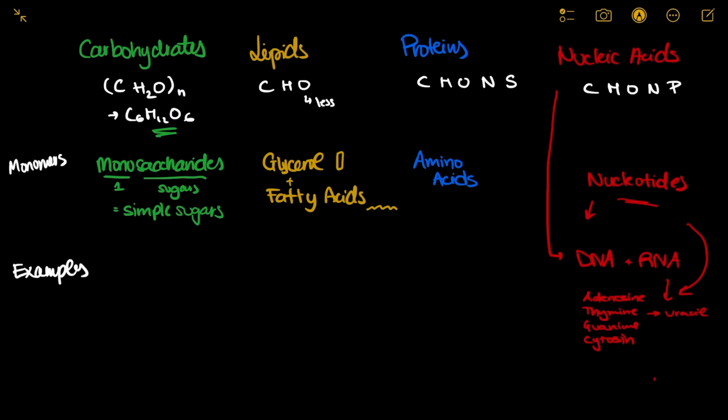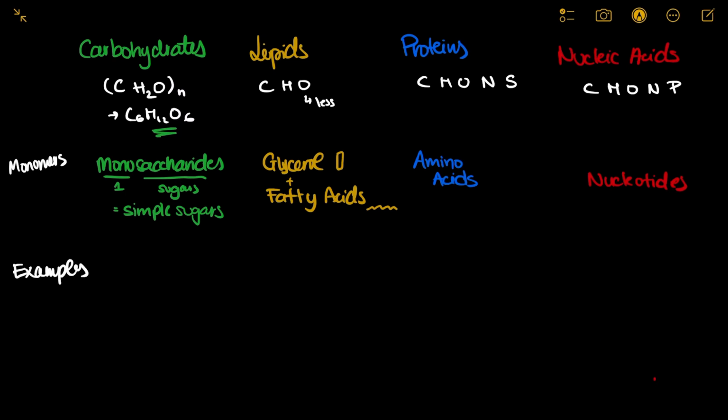Now, for the last part, we're going to look at some functions of the 4 different biomolecules, so functions in the body. Starting again with carbohydrates, one very important function is as a source of energy.